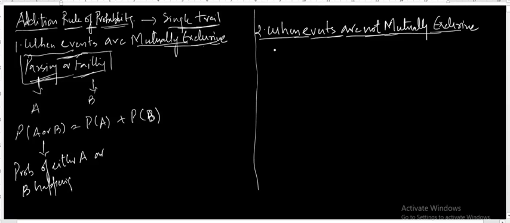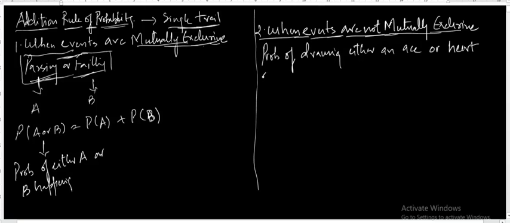Now, what if the events are not mutually exclusive? In the scenario in which the events are not mutually exclusive, this addition rule of the probability needs some modification. Let me consider an example. Say I want to find the probability of drawing either an ace or a heart from a deck of cards.